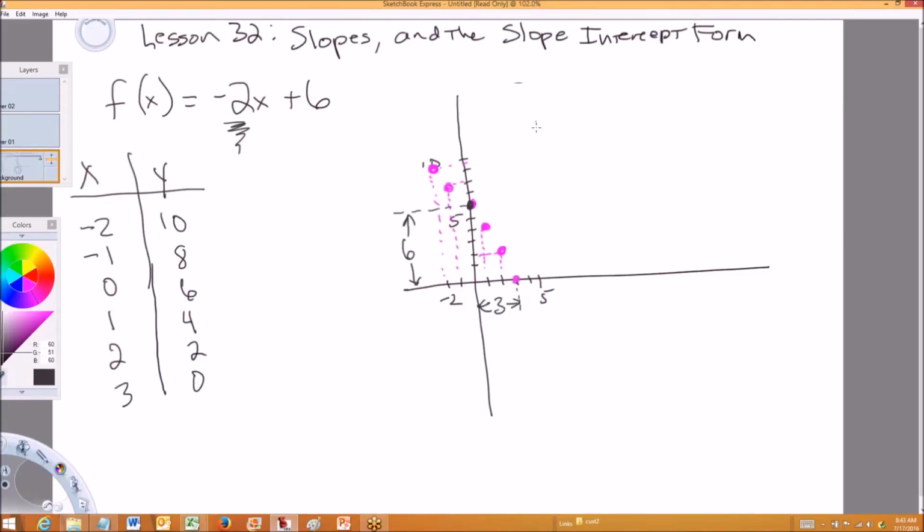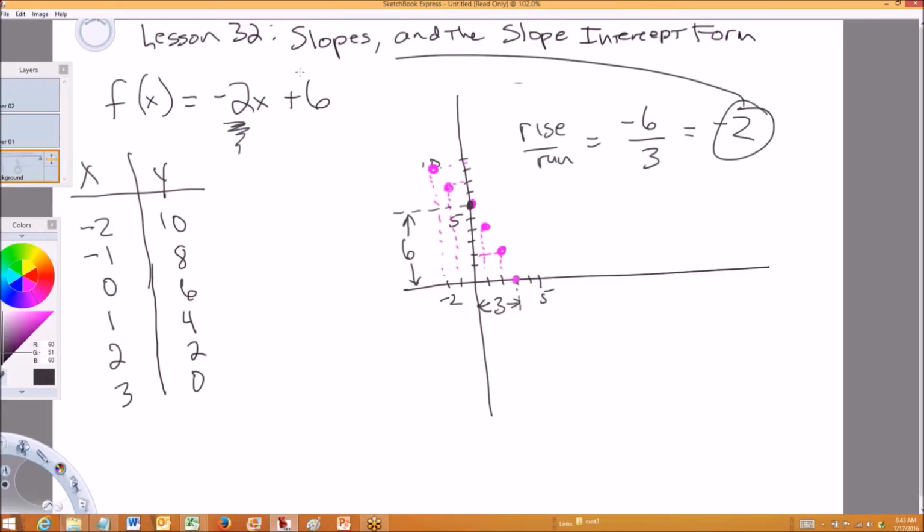So our rise over run equals -6 over 3, and we've just extracted this from the graph. Factoring that out, we see that that is indeed -2, which matches the slope of the original function. And we knew the slope of the original function because this was in slope-intercept form.